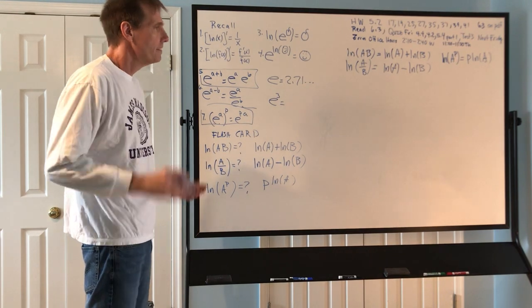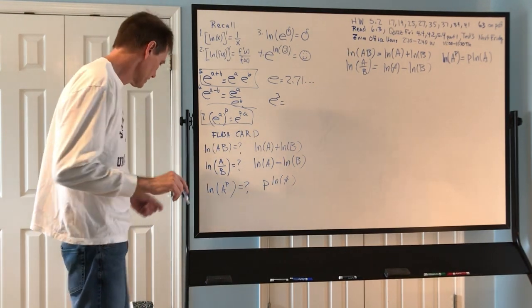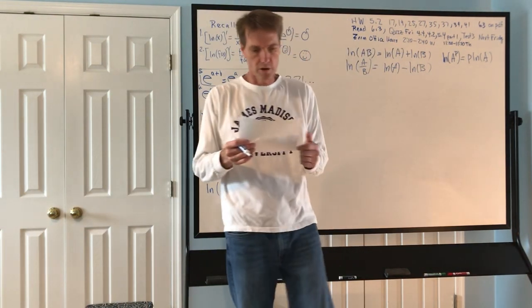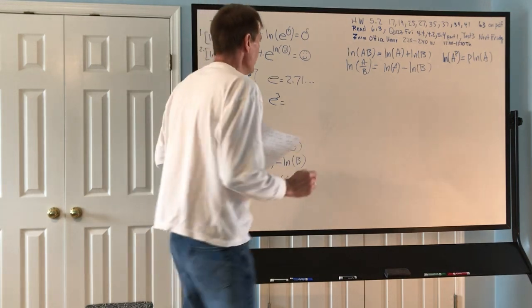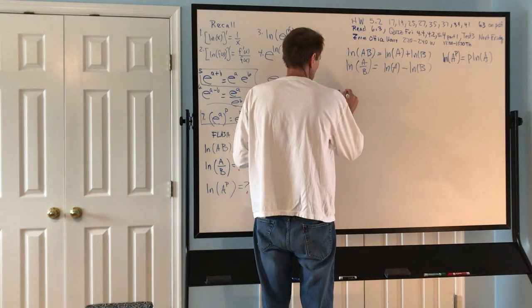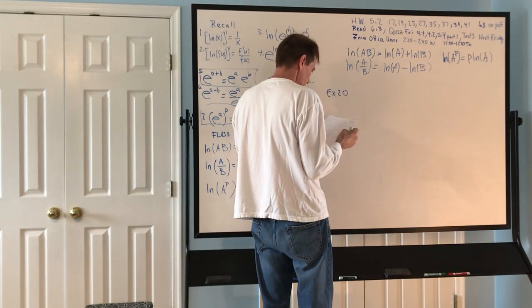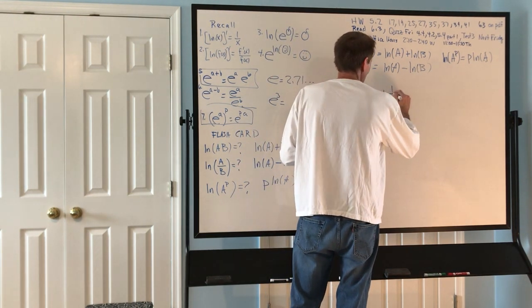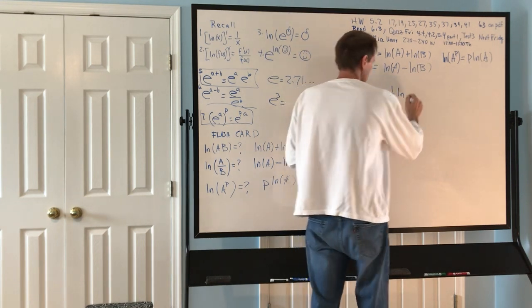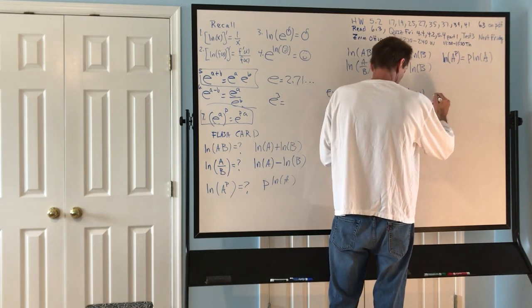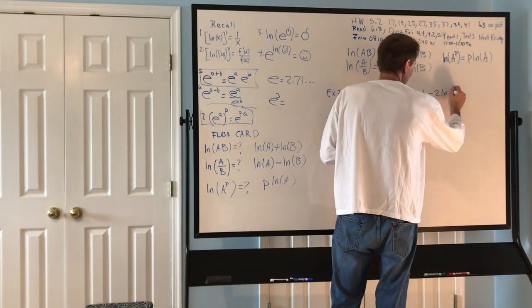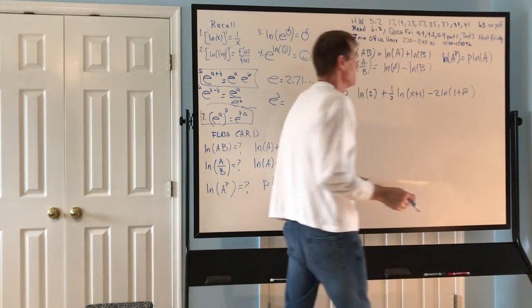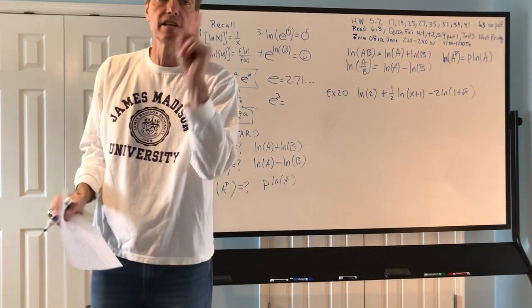Okay. Now let's look at some exercises that are similar to the ones that we have up here. In exercise 20, in section 5.2, they give you an expression that looks like this, and they say, write this as a single logarithm.